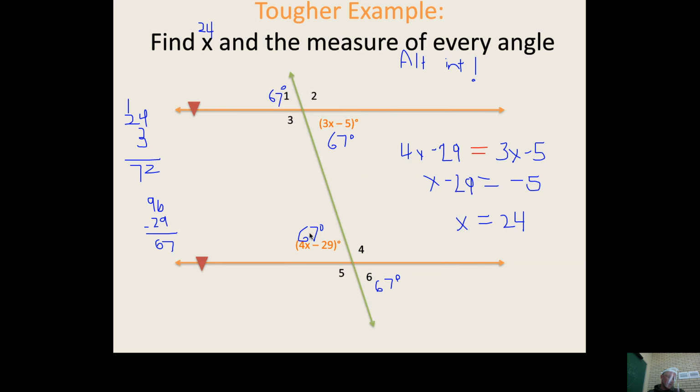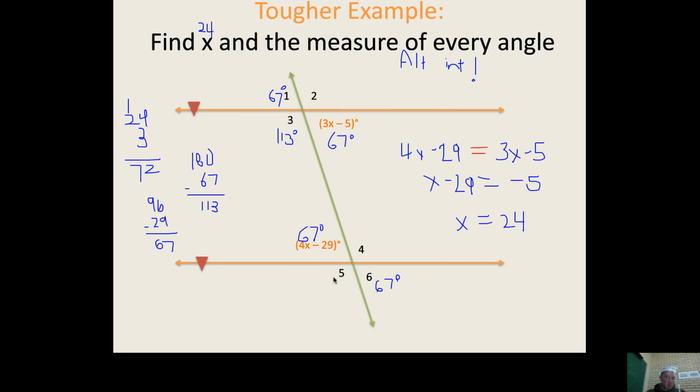Now, angle 3 and this angle down here are consecutive interior. So they need to be supplementary. So 180 minus 67 will give you the measures of those obtuse angles. So that's what we end up with for angle 3, because it's consecutive interior with this one.